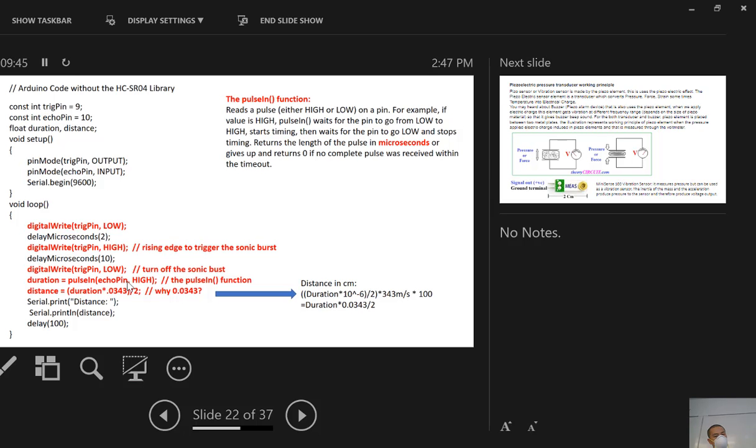And then there's a function called pulseIn. Whenever it receives the high from the echo pin, it calculates the duration and directly assigns that value to the duration variable. And that duration will be in microseconds.